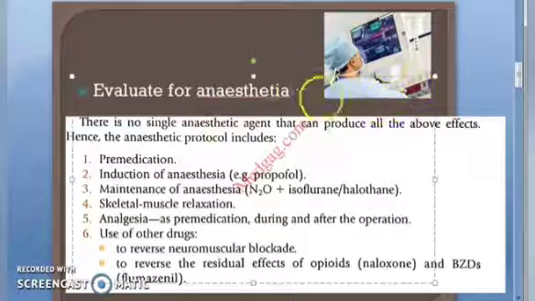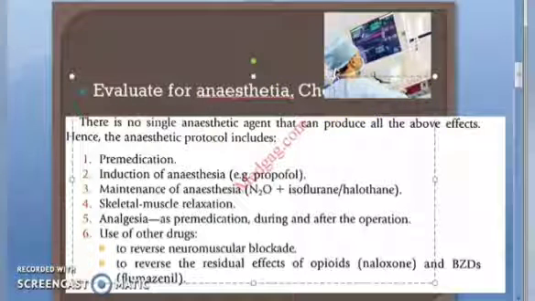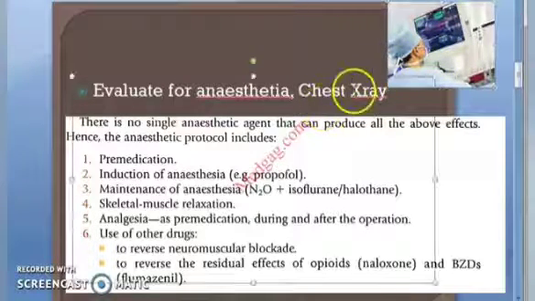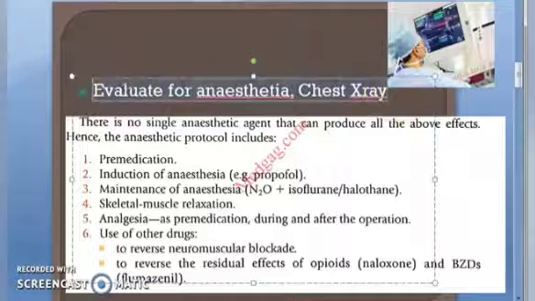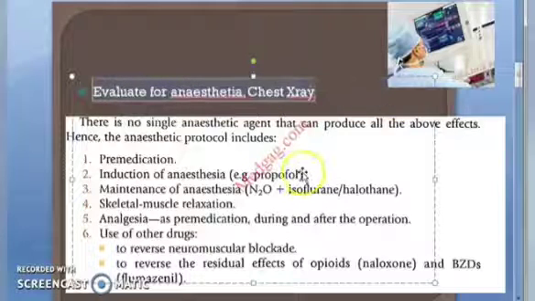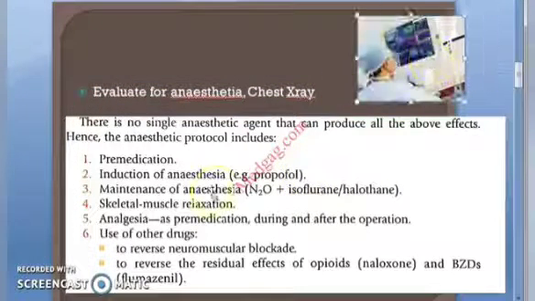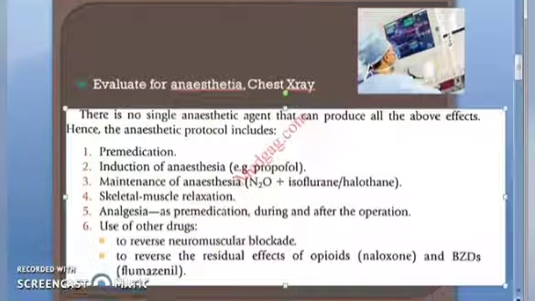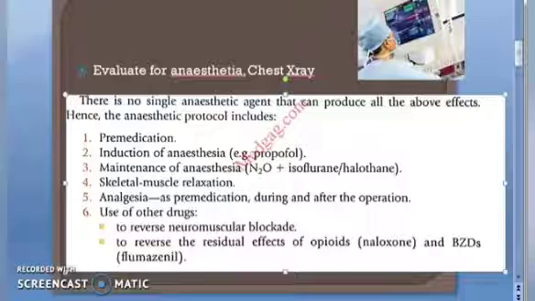They will do a lot of checkups like chest x-ray. They will check the comorbidities, glucose level and all that, okay? So this they have not mentioned here. If you want, you can write that.